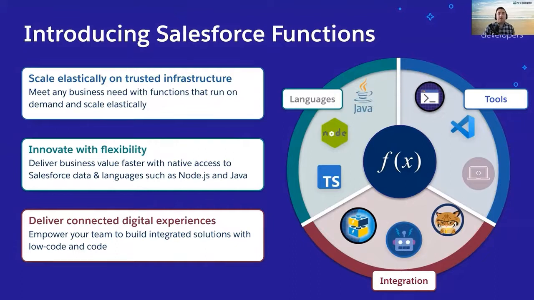Part of the runtime that's managed by Salesforce allows you to scale those functions as much as you need without having to worry about adding dynos, adding any capacity, because it's all done automatically for you. It is super flexible to work with functions because they have native access to Salesforce data inside of Node and Java.